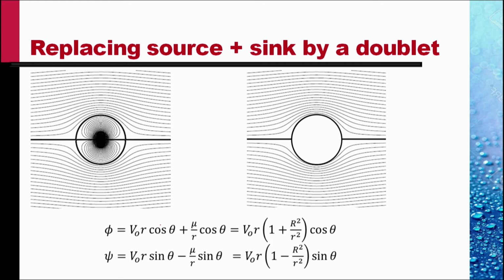And when a doublet is superposed with a uniform stream, we get a circular streamline. A circular streamline separates the flow inside that streamline from the flow outside. The inside area could be replaced by a cylindrical body, and so this potential function and this stream function give us the flow about a circular cylinder. We discussed this in the last class.